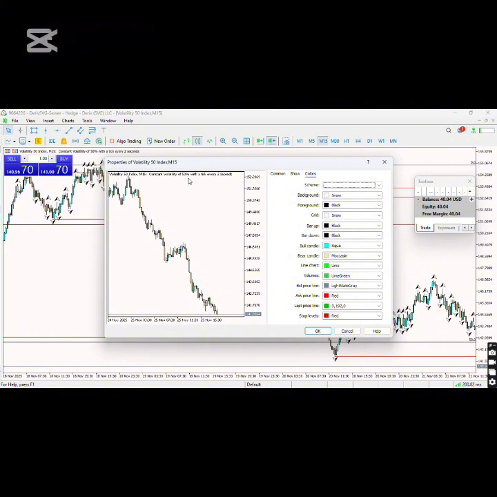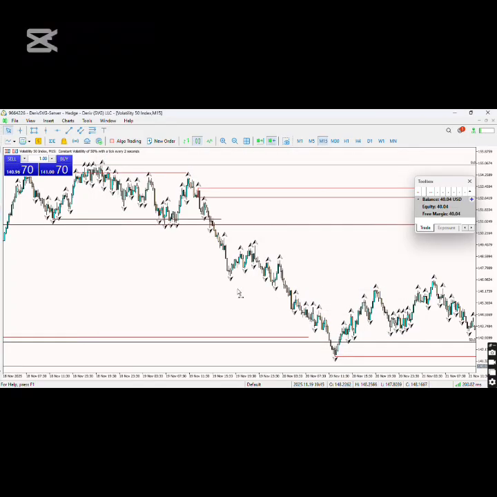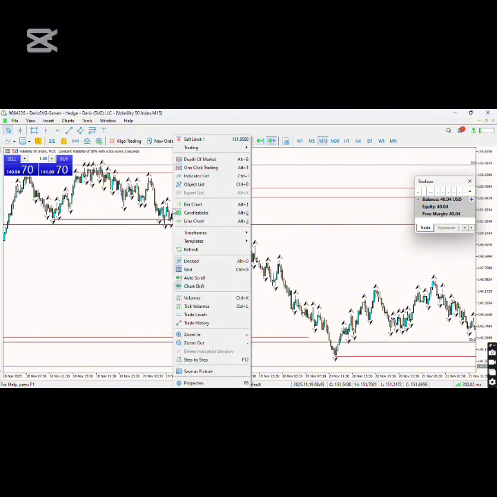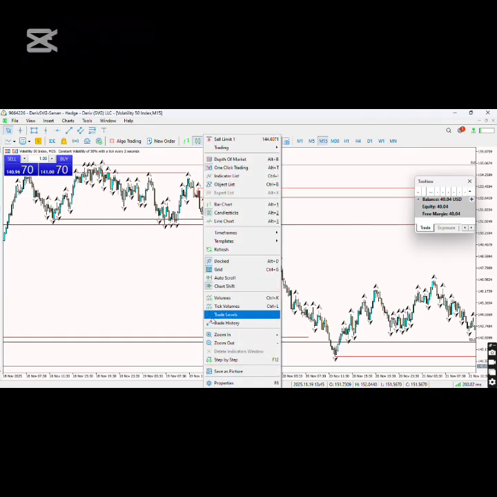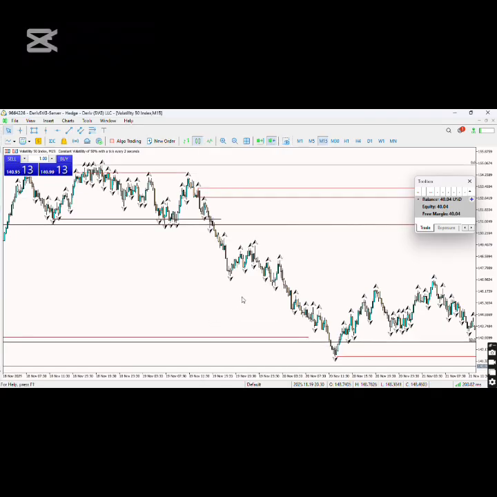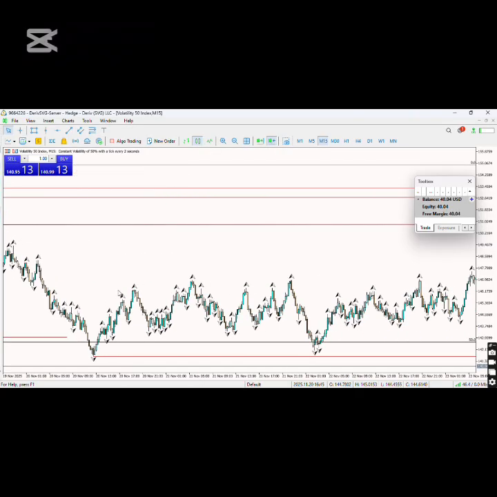Okay, we're risking too much. I get 3 levels. I don't know why I don't see my trade levels here.